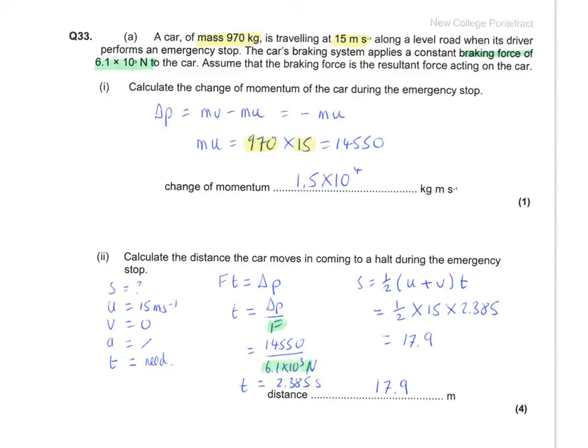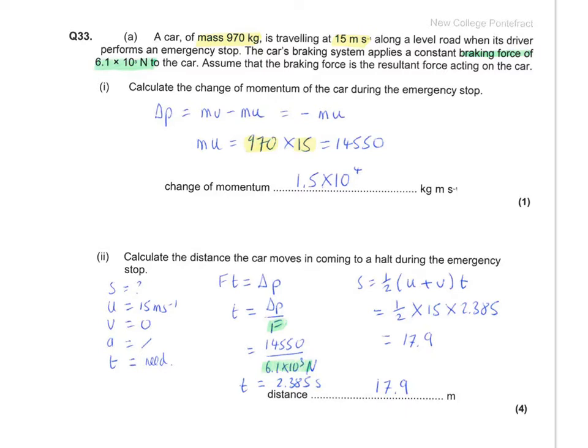So here we have the mass multiplied by the initial velocity, giving us a momentum of 14,550 kilogram meters per second. It's appropriate to give this answer to two significant figures using standard form as shown. There is no need to record the negative sign in this final answer for 1 mark.